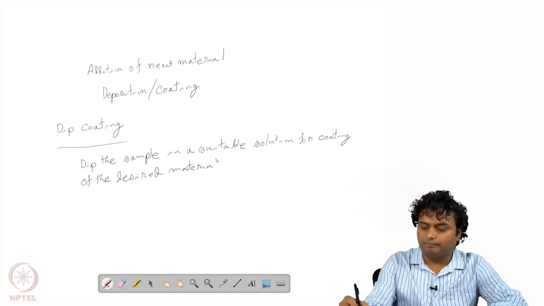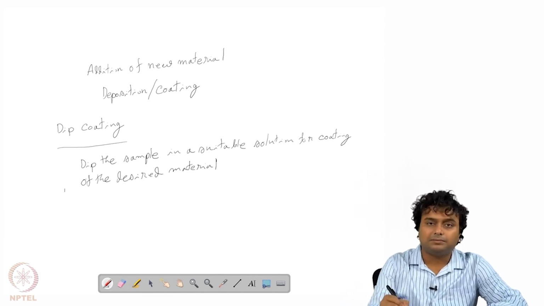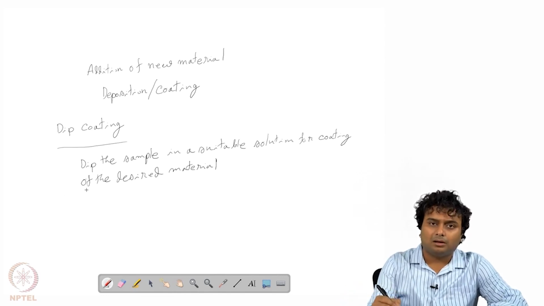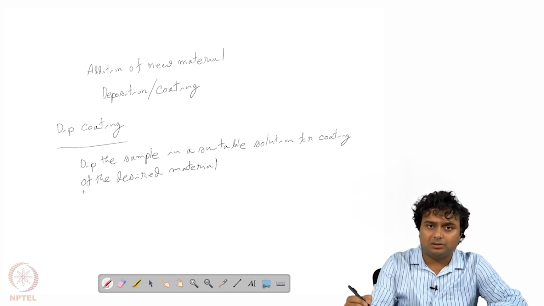This technique depends on many parameters, like the ambience in which we do the experiment, the humidity, the temperature of the ambient and of the solution, and the concentration of the solution. According to that, the thickness of the coating may change.